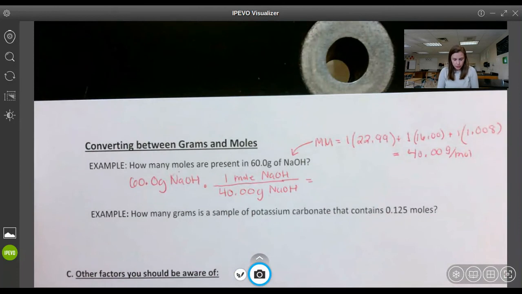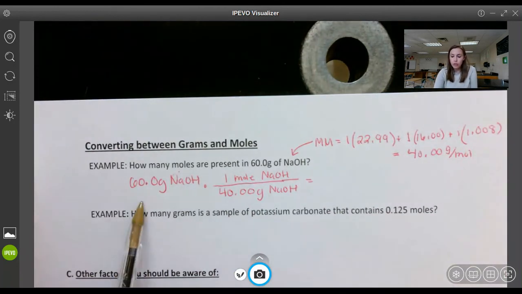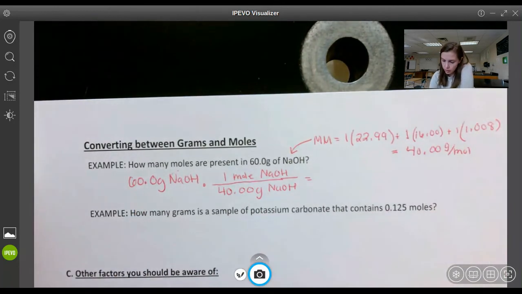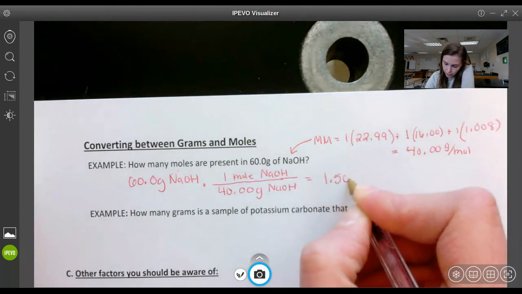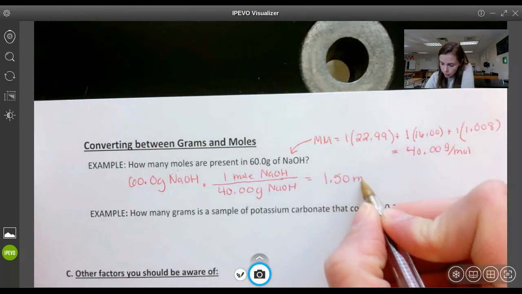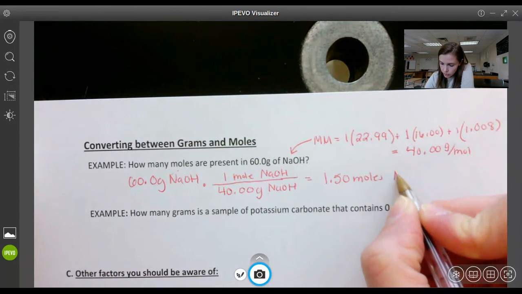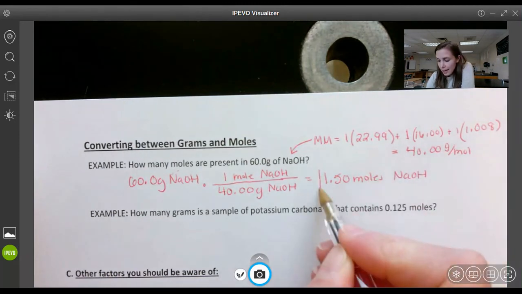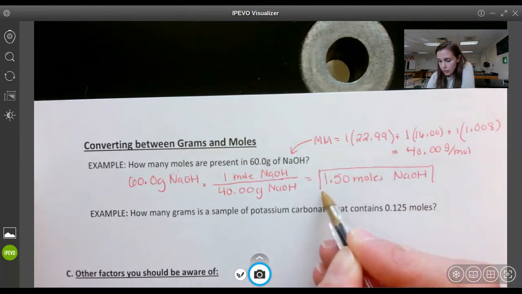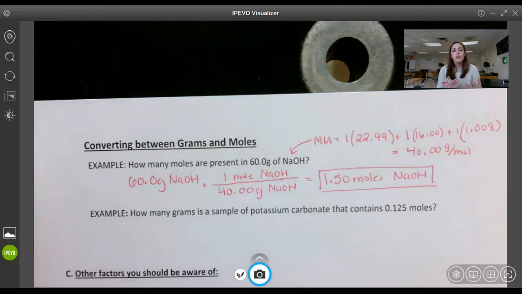So now from there, it's just your division, and we're rounding to the 3 sig figs that we started with. So that will get you to 1.50, don't forget the 0, moles of NaOH. And that would allow us to then go on and do various calculations that we'll do later this unit that would help us, again, take those 60 grams and maybe figure out how much of a certain product a reaction could potentially make involving that, and so on.